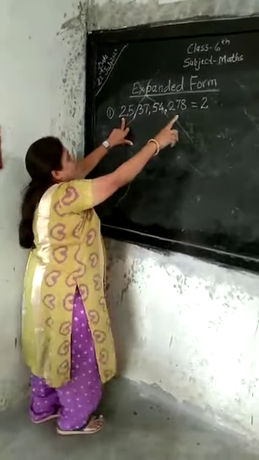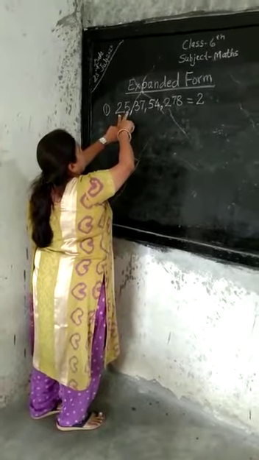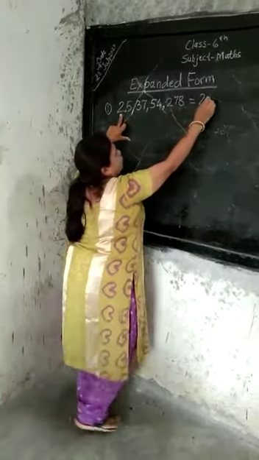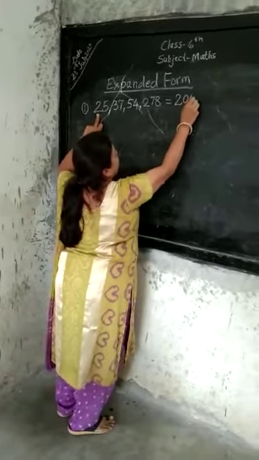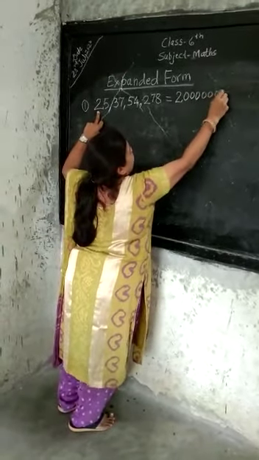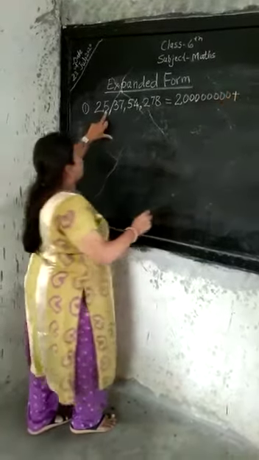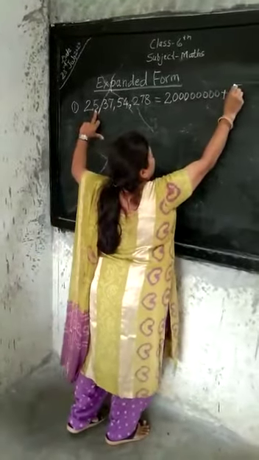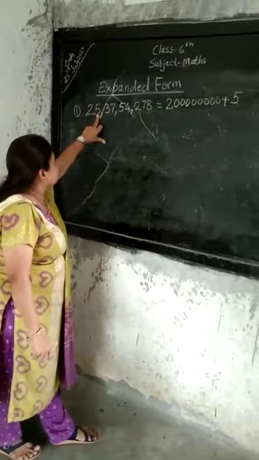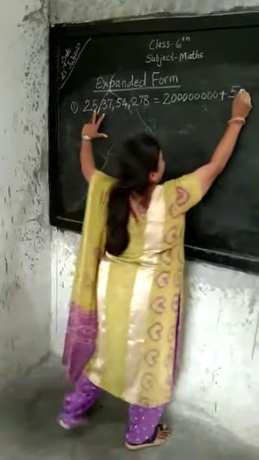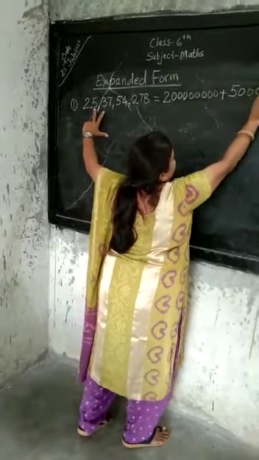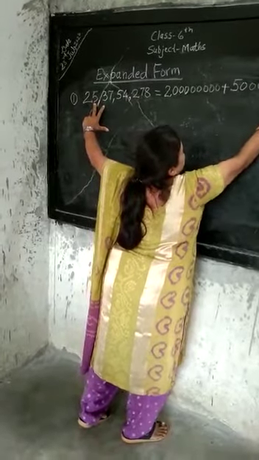So we write 20 crore, that is 2 followed by 7 zeros. Then 5: which place is it in? Crore place. 5 crore, how many zeros? 7 zeros.